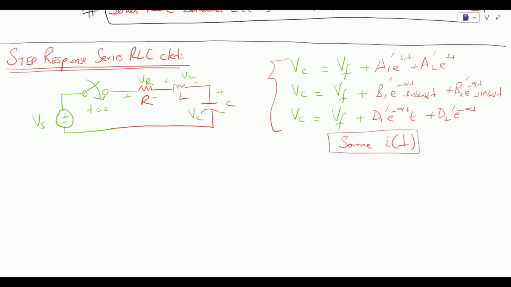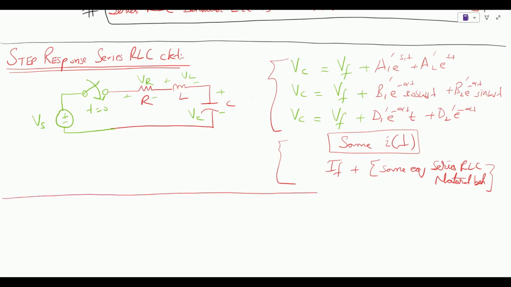Just apply the final value. In this case, it is going to be I of F plus the same equations for the series RLC natural behavior. So this is basically the step response of the series RLC circuit.